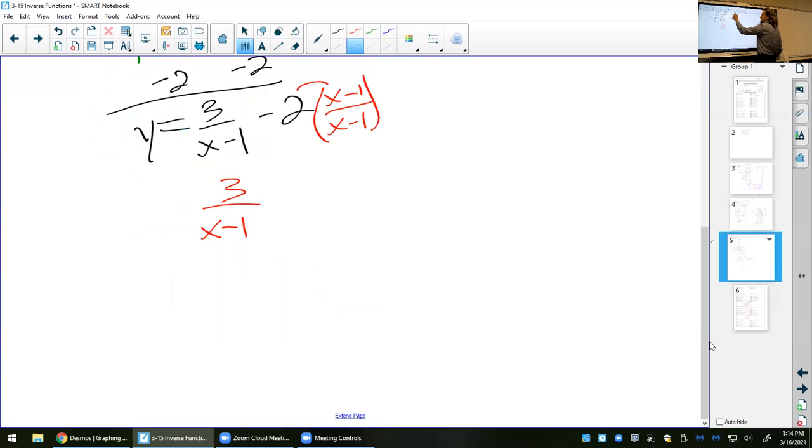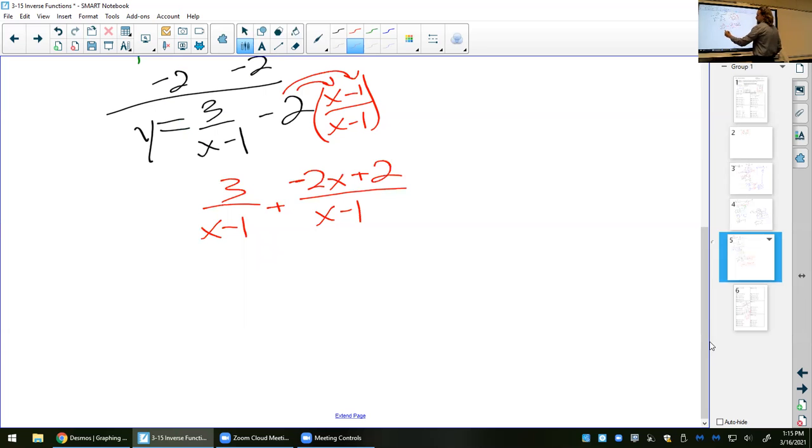And then I need to distribute this 2 out to our numerator. So negative 2 times x is negative, actually let's do plus here. So plus negative 2x. Negative 2 times negative 1 is plus 2, over x minus 1. So now since both my fractions have x minus 1, I can combine whatever I can.